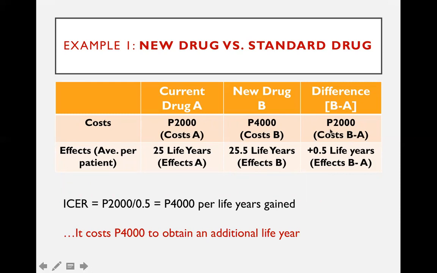So you now get the difference between the costs, and you also get the difference between the effectiveness. Substituting these values in your ICER formula, you get 4,000 pesos per life year gained. That means it costs 4,000 pesos to obtain an additional life year.